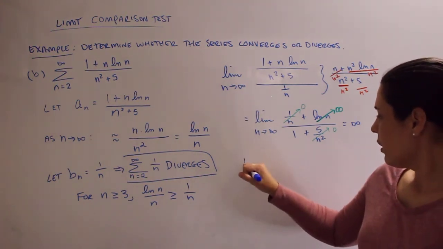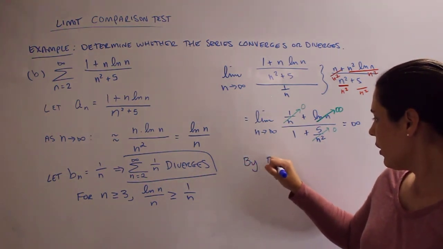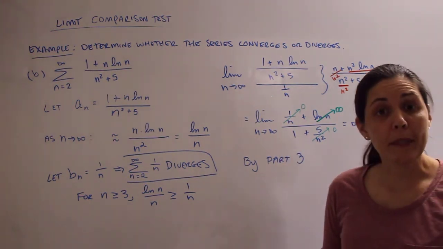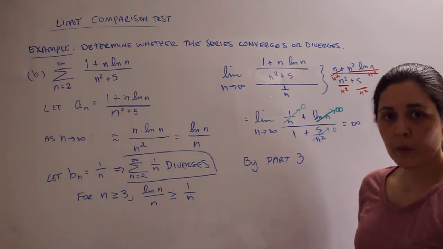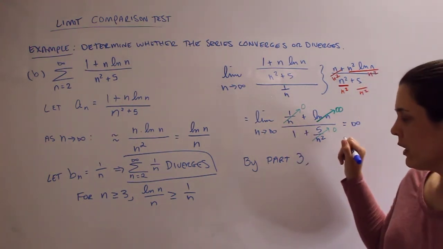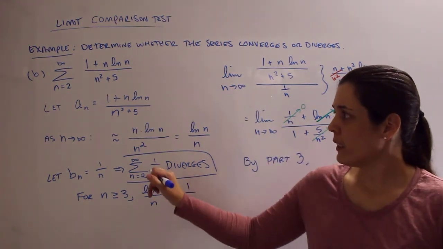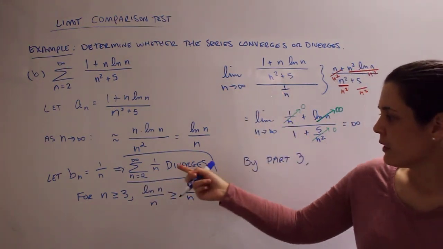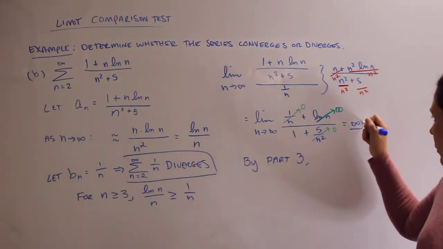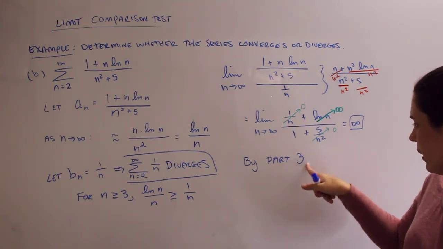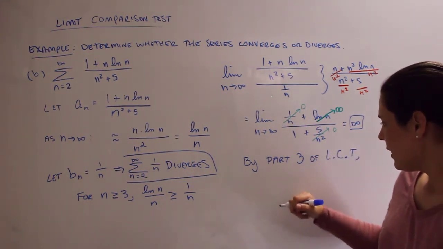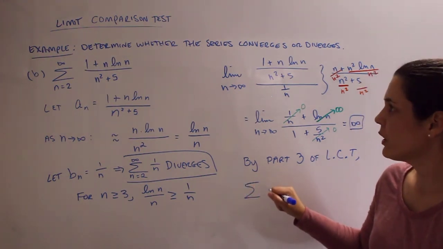We are working with part 3 of our limit comparison test. Part 3 says that if this limit equals infinity and b sub n, the denominator from our division, diverges, so both of those things are true, then by part 3 of our limit comparison test, our series also diverges.